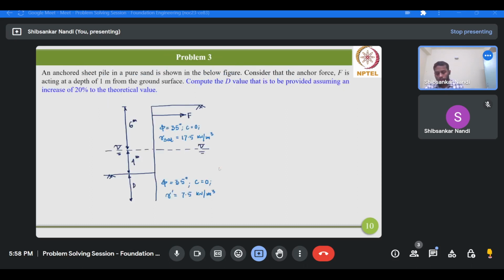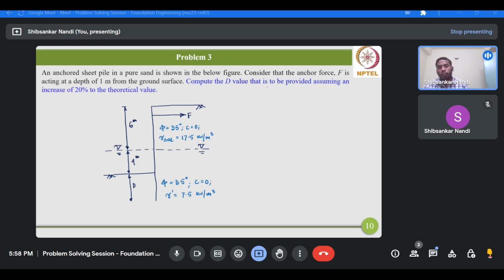Now we'll take our next problem, that is problem 3. In this problem, an anchor sheet pile in a pure sand is shown in the below figure, and consider that the anchor force F is acting at a depth of 1 meter from the ground surface. So we have to compute the D value that is to be provided, assuming an increase of 20% to the theoretical value.